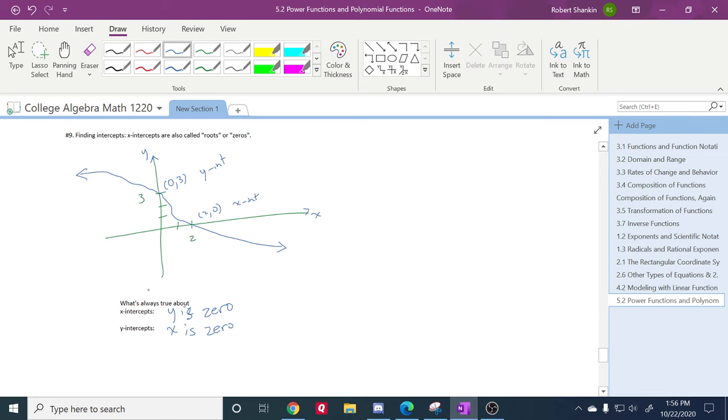The x-intercept has got to be on the x-axis, and the y is really the height of the point, so it makes sense that it's got a height of 0. The y-intercept has got to be on the y-axis, but the x-coordinate is how far left or right you have traveled. If you're on the y-intercept, you can't travel anywhere left or right, so the x has got to be 0.